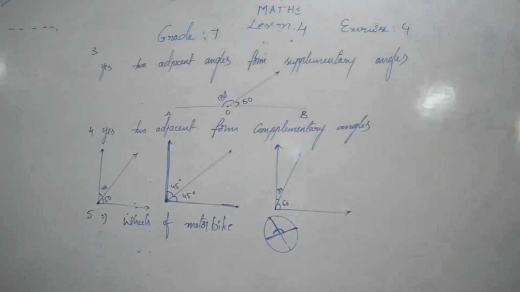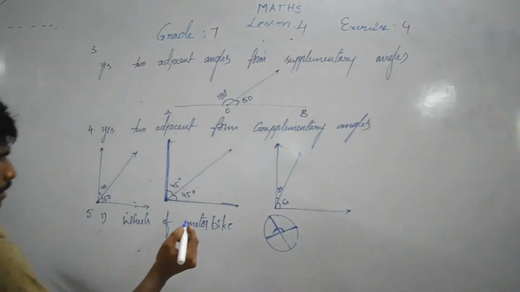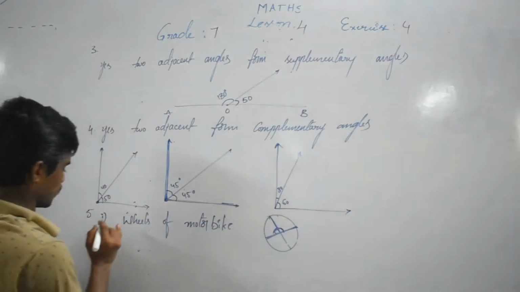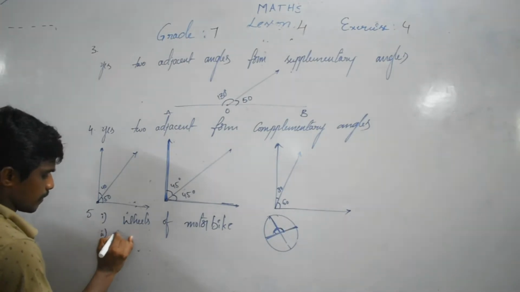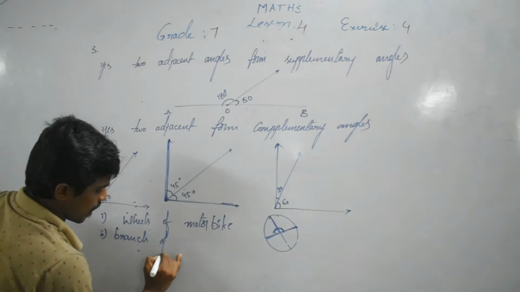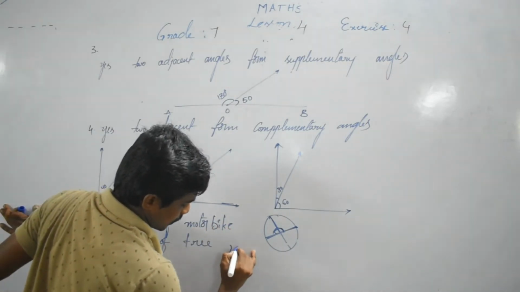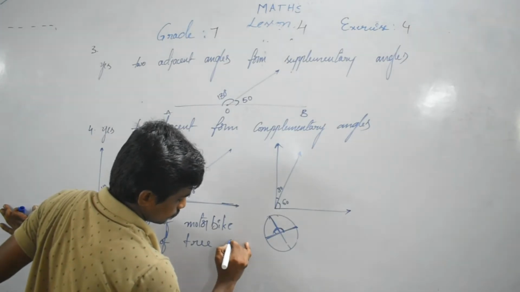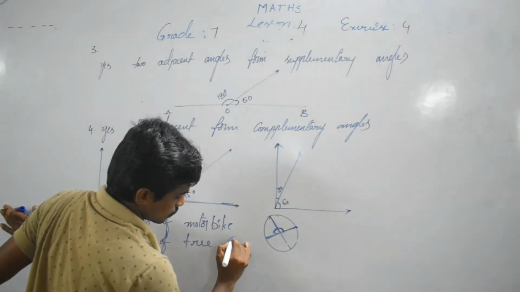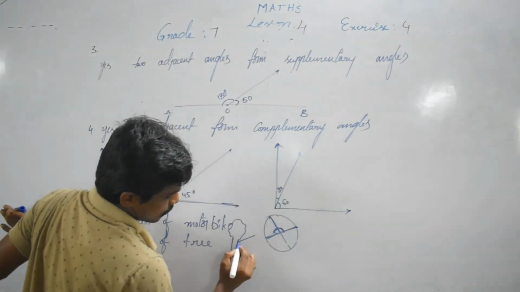That is the wheels of a motorbike. This is an adjacent angle. Next one, branch of a tree. Now this is a tree, how it grows.